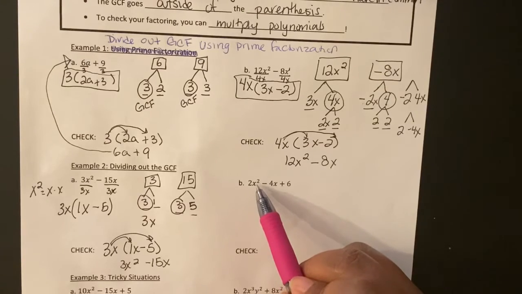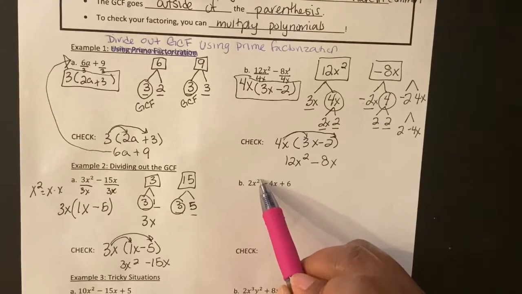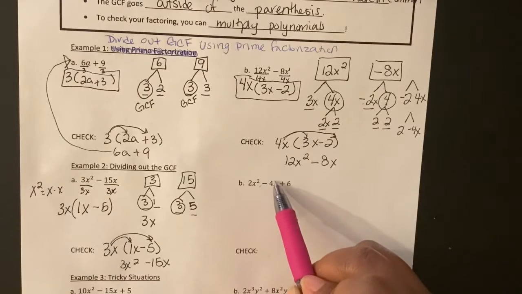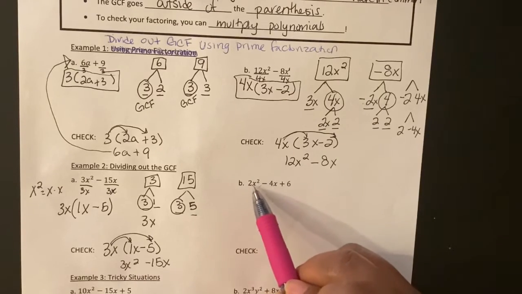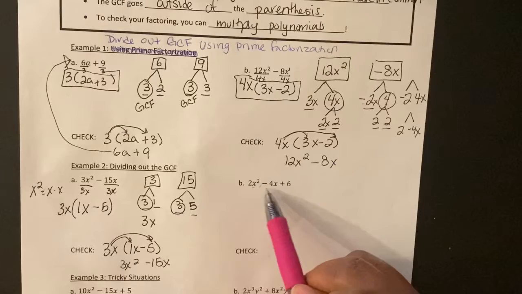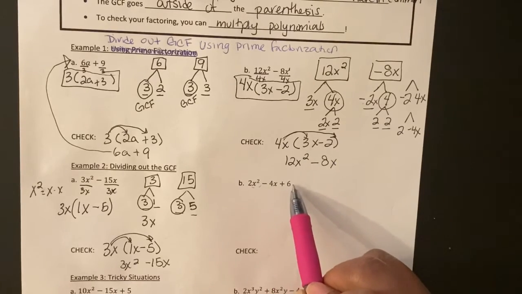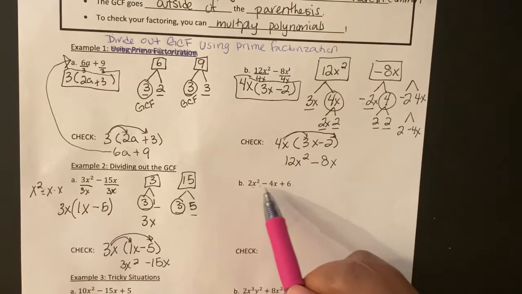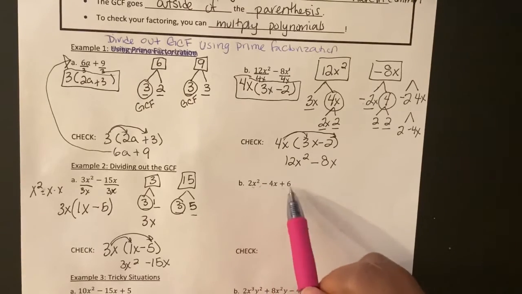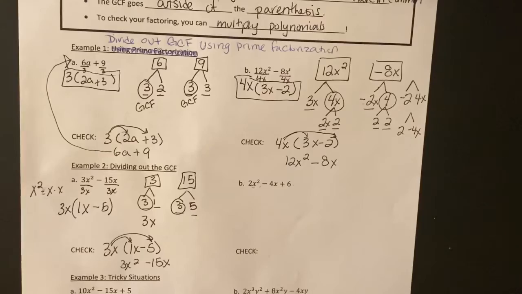Because it's just 2, it's not 2x, because this has 2 x's, this has 1 x, and this has no x's. So they don't have any x's in common. In order for them to have at least 1 x in common, this 6 would have to have an x, but it does not.